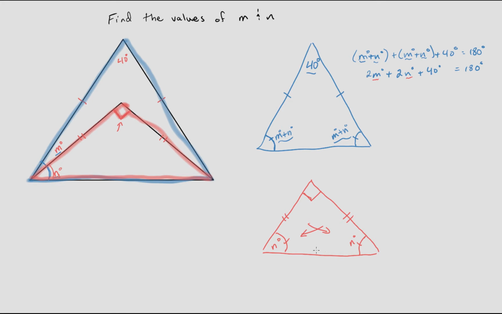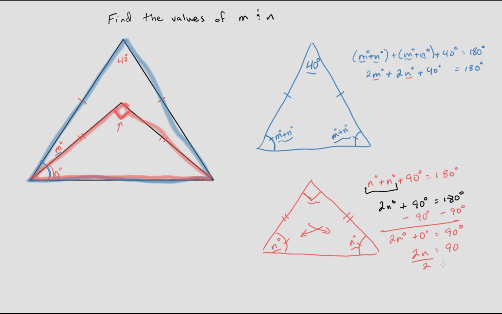And from that, I can come up with an equation. n degrees plus n degrees plus 90 degrees equals 180 degrees. Now this one only has one variable, so I can in fact solve it. Perfect. So now I found the value of n, which is part of what I was looking for.